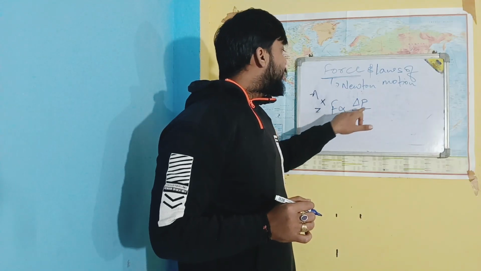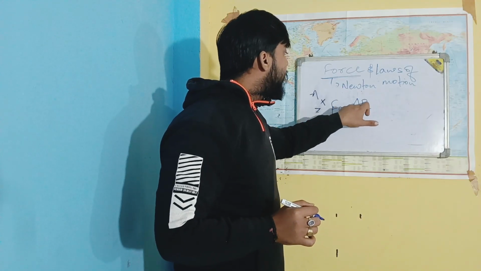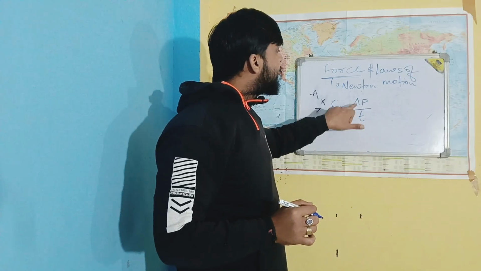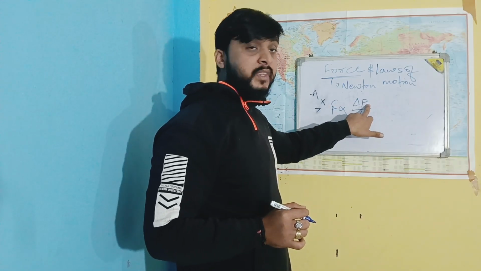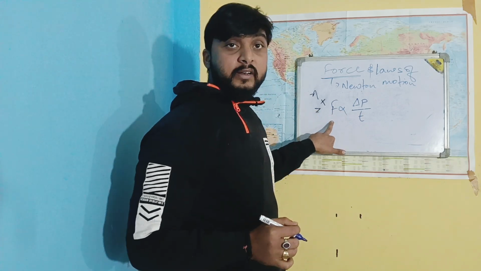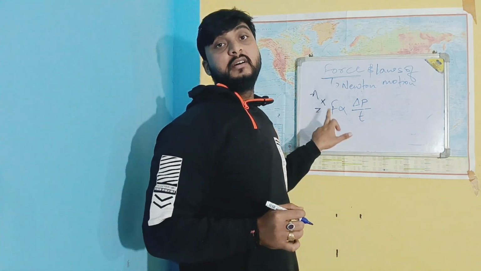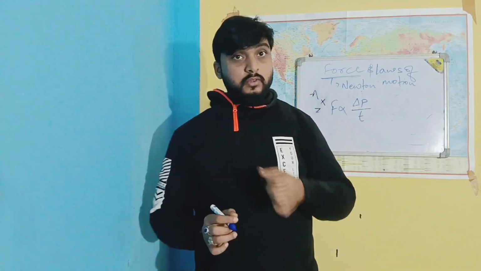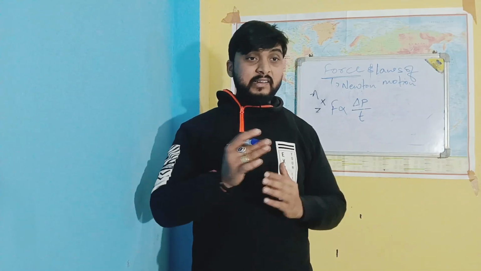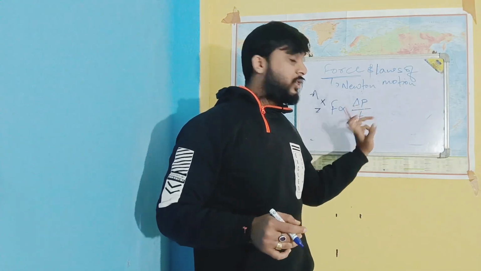The rate of change of momentum is directly proportional to the unbalanced force applied in the direction of the object. So Newton has said it. Now I know that at certain rate, at certain time, the momentum is going to change.